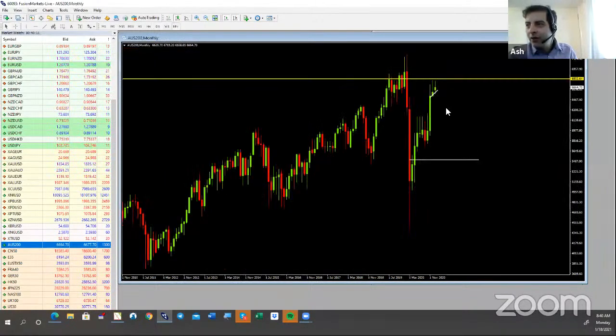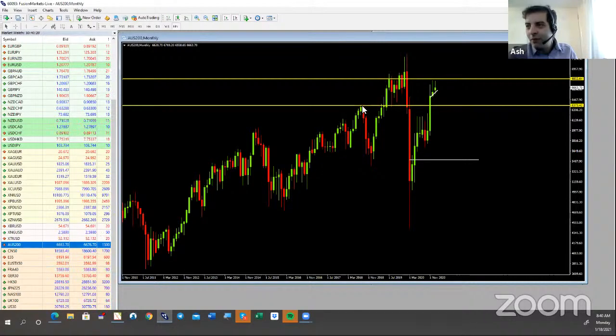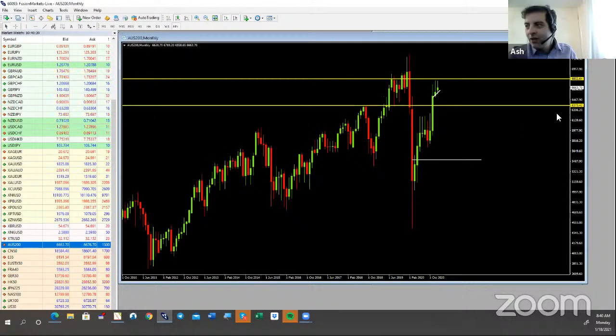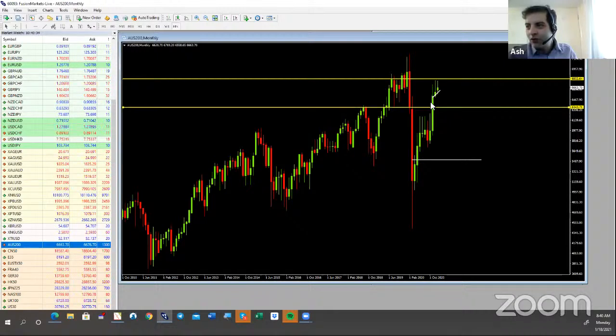My issue is that you are trading into a resistance area not too far away. Looking at these monthly bars, that suggests we could get some weakness, so it might be a short-term trade. It might be better to wait for a bit more of a pullback, and it could be this horizontal level here. So 63.70 would be my first port of call to trade the Aussie 200 to the upside.